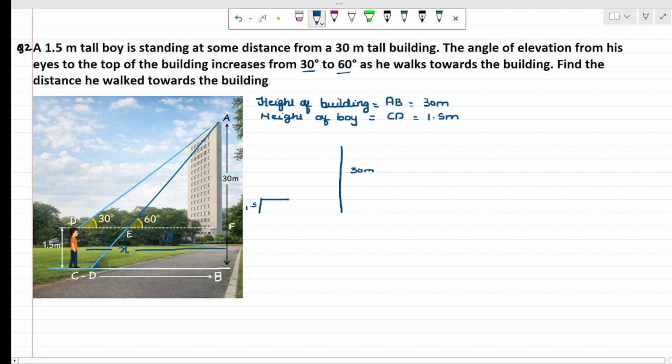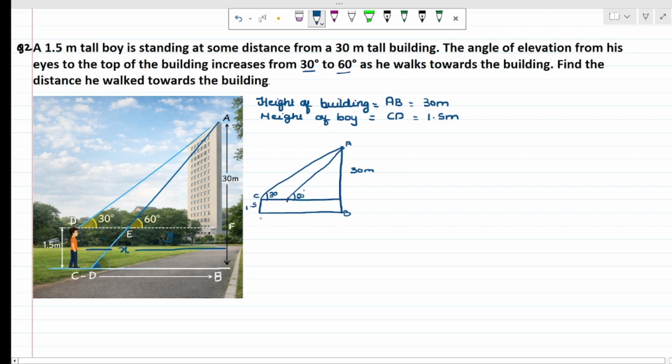That means this becomes my horizontal level. The object, that means this boy, is walking towards the building. That means over here, and the first angle is 30 degrees. So my 30 degrees comes over here. And as he is moving towards the building, the angle becomes 60 degrees. So my angles become 60 degrees. Okay. So this is the figure you can draw in your examination. The height of my building is AB.